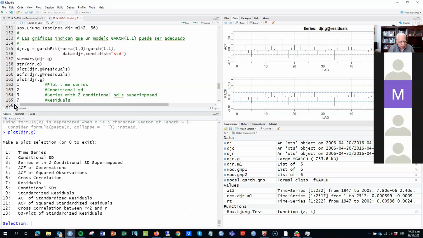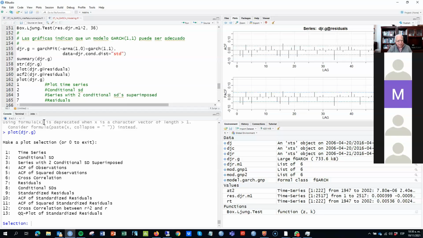It asks me, do I want the plot of the time series? Do I want the plot of the conditional standard deviation? Or the plot of the series with two conditional standard deviations superimposed? Or the ACF of the observations and so on. So I can get all these plots from this plot command.